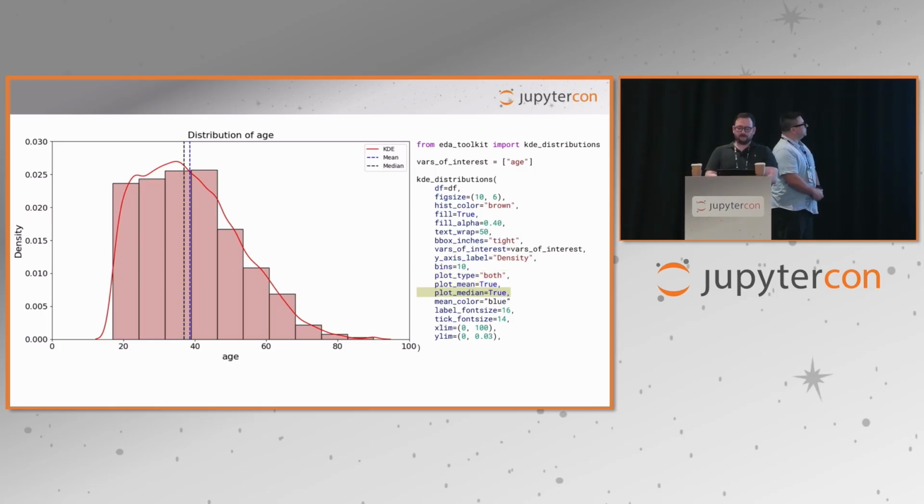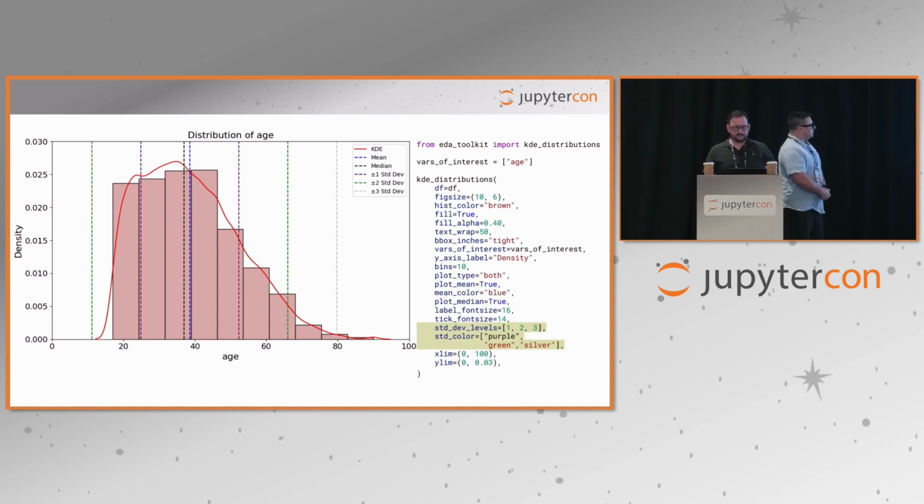Similarly, we can add plot median equals true, and now you see both the mean and the median. You can plot one or the other or none. It's up to you. It's fully customizable. Next, we can also customize whether we have 1, 2, or 3 standard deviations to be displayed.